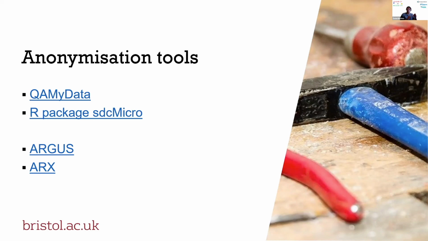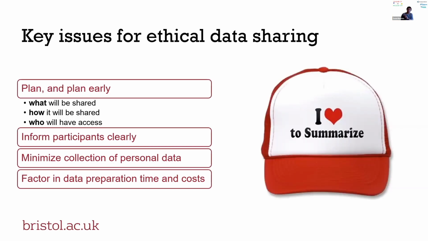But it will also check for things like whether variables have labels, whether there's any missing data, all that kind of stuff. So it's broader QA as well as anonymisation. Yeah, so those are just some tools that I found really useful in doing these sorts of checks on data before going for release.